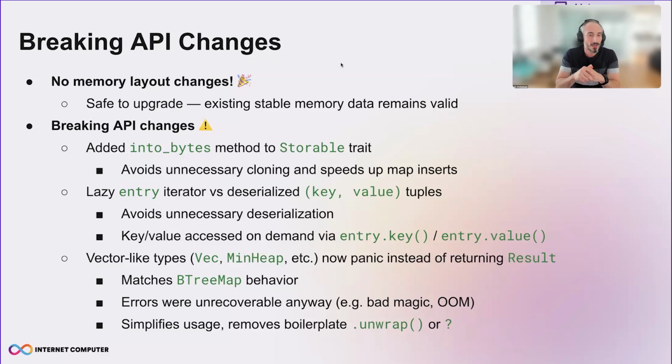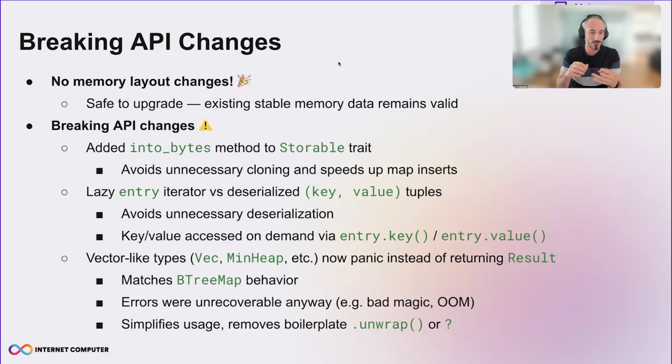The third breaking API change has nothing to do with performance improvements. It was a long-standing question that we had to address at some point when cutting a major release. We wanted to unify all the methods across different stable structure types, and we decided to remove returning results and panic instead. First of all, our main stable structure type, BTreeMap, is already doing this.